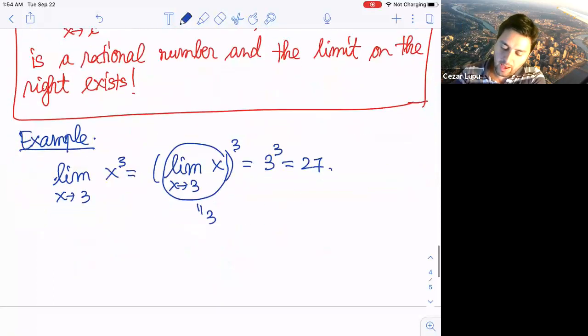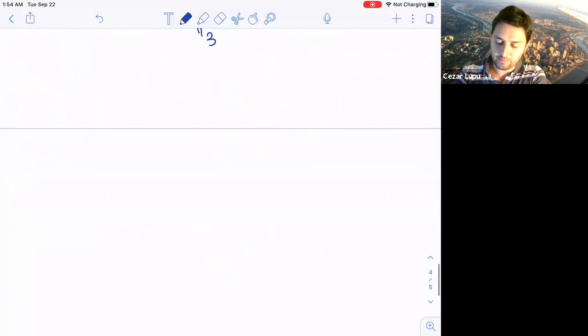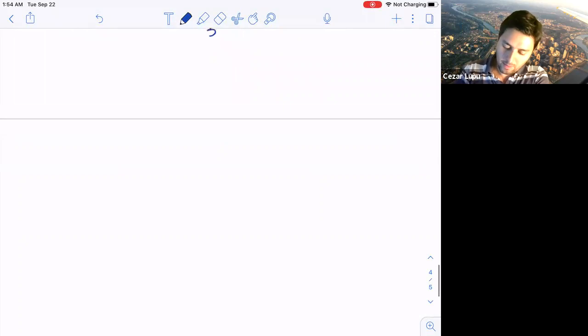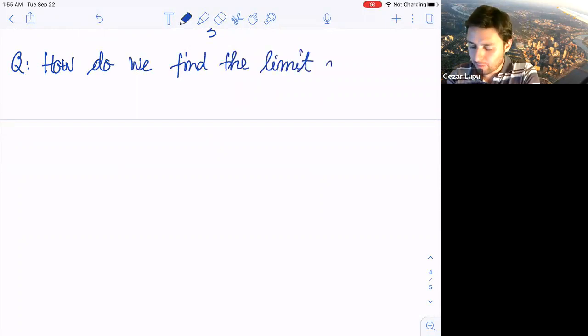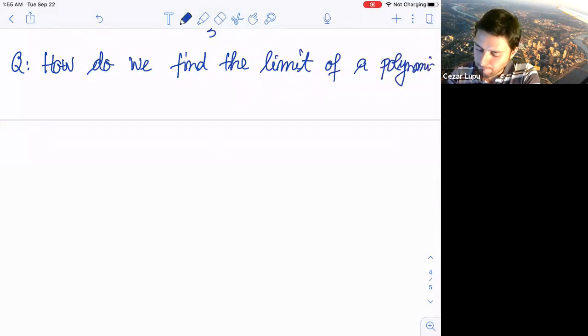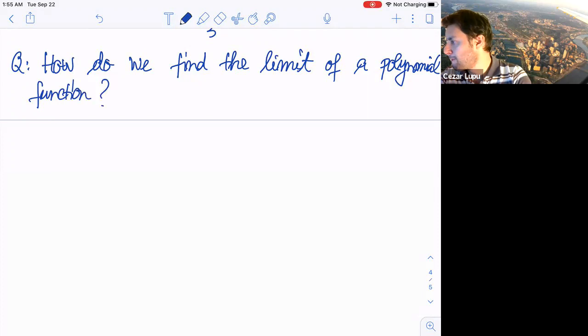So the question we want to answer, based on everything that we have seen so far, is the following: how do we find the limit of a polynomial function? That is the question we want to answer, right?